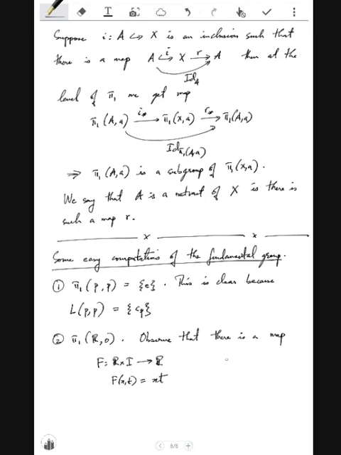And this map satisfies three conditions. f of x comma 0 is 0, f of x comma 1 is the identity of R, and f of 0 comma t is 0 for all t.